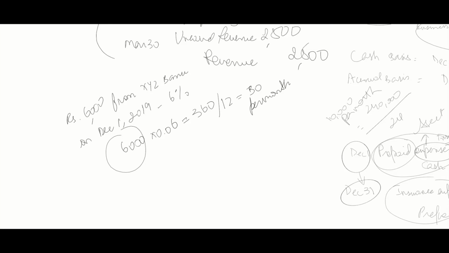Now, how am I going to pass this entry? On December 31st, I know there is an interest expense of rupees 30, and we know whenever an expense is incurred and expense increases, expense is debited. So we are going to debit interest expense by rupees 30.